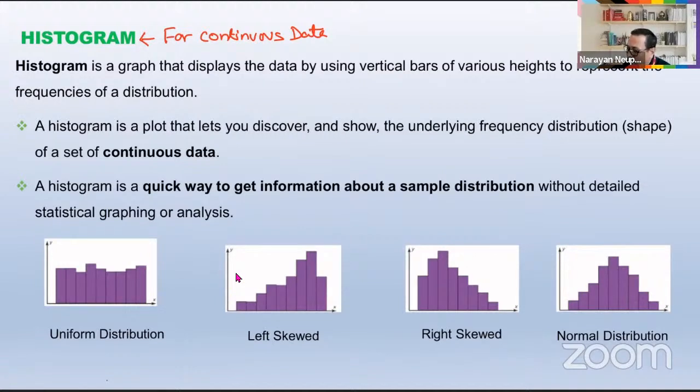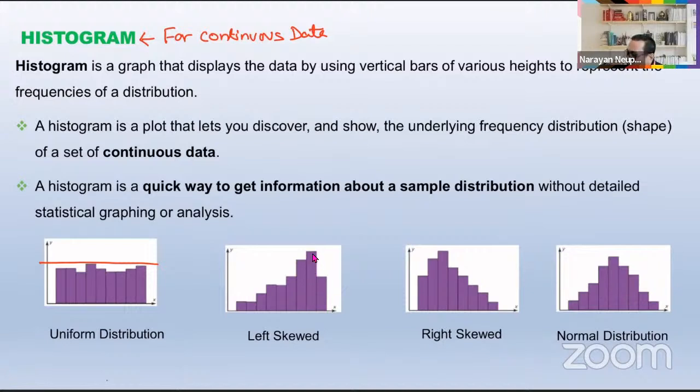For example, the first one, if I look at the height of all the bars, they are pretty much the same. Uniform, right? Same throughout. That's why that type of data distribution is called the uniform distribution. Now, if you look at the next one here, the tallest bar will be the reference.